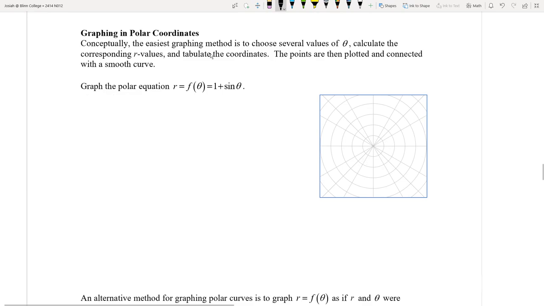So say we just want a graph. It says choose several values of theta, calculate the r values, tabulate the coordinates. So what that's describing is just a t-chart. So we want to be strategic and pick some good theta values and put those on our chart here.